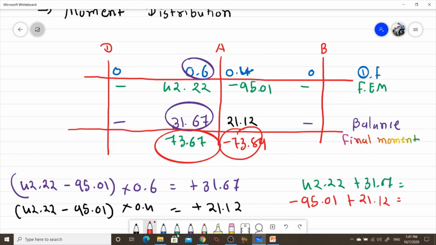So this final moment we can use for the design, this moment at the joint. This moment is used for the design of the wall at the support. Okay, but we need a wall which is 4 meter and 6 meter.